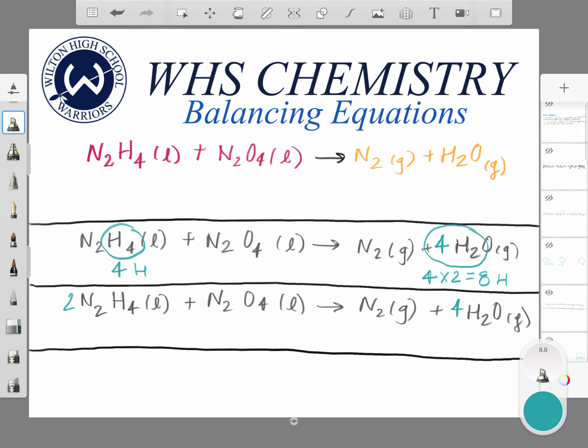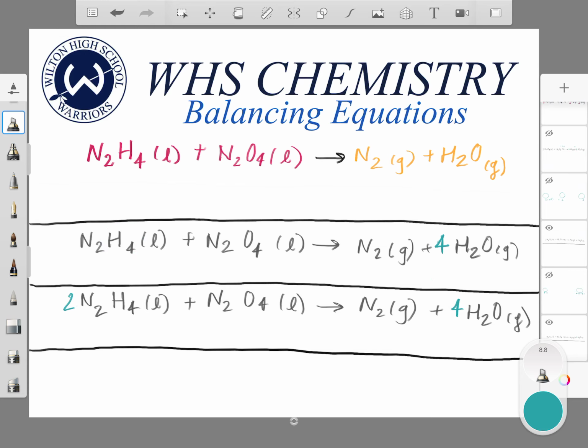So now let's look at the nitrogen. We can see here that on the reactant side, in the first compound, we have 2 as the coefficient and 2 as a subscript, so we do 2 times 2.